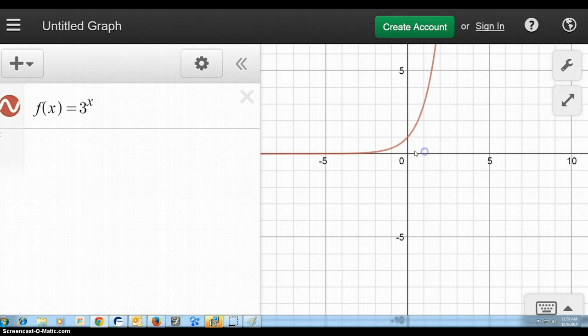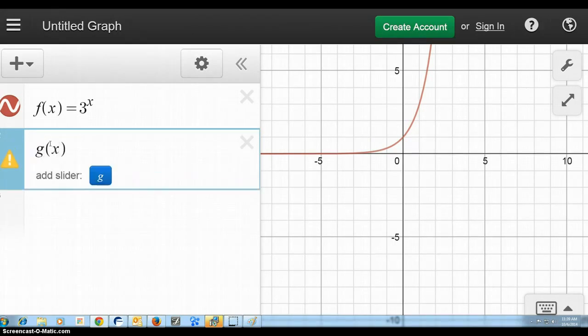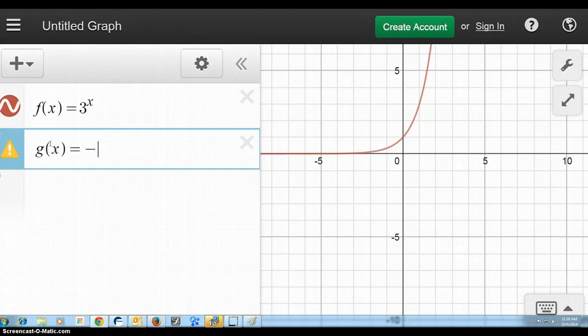It means every point on the x-axis, the y is 0. So we want to reflect 3^x on that. It should look like this. Remember, if you want to reflect it on the x-axis, you have to put the negative in front of the function, like that. So if you want to reflect it on y equals 0, the x-axis, then you put the negative on the outside. If you want to reflect it on the vertical axis, you put the negative in the front of the x.